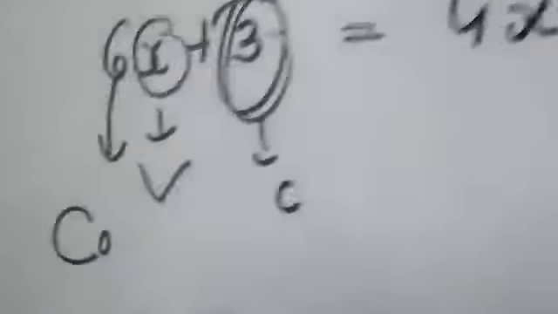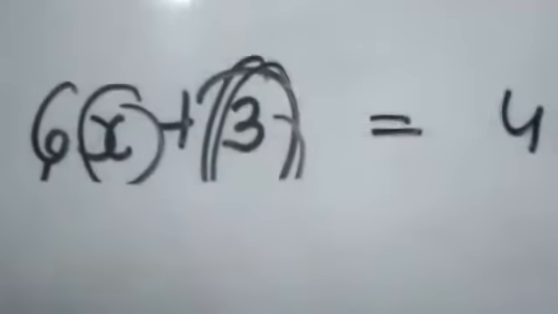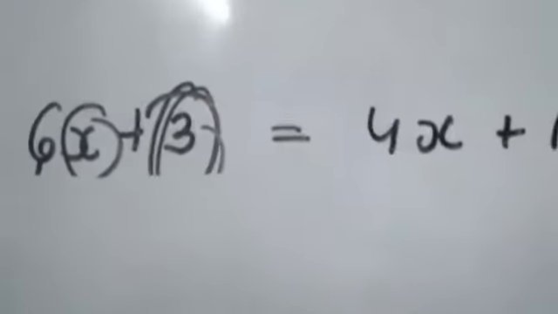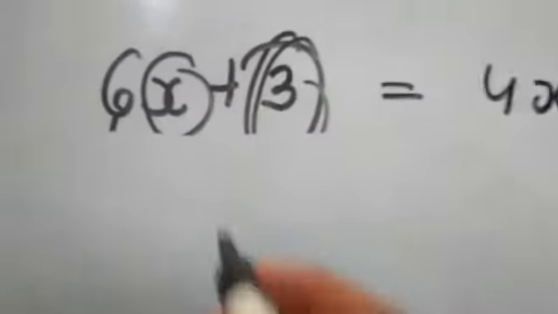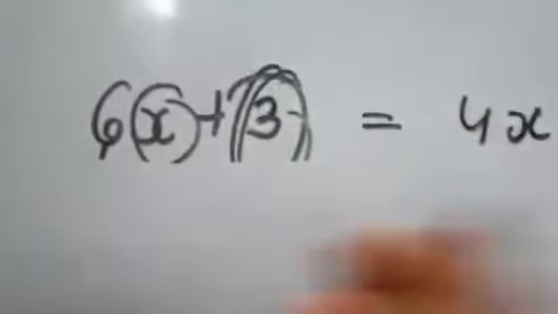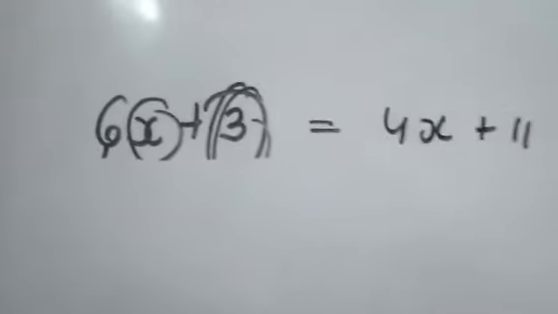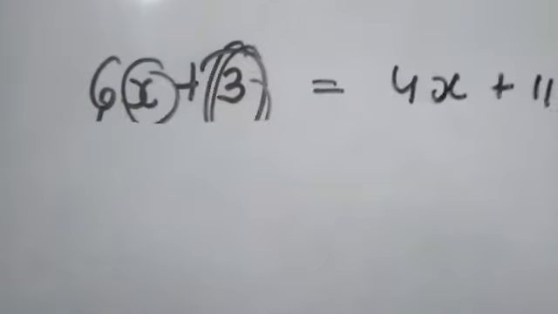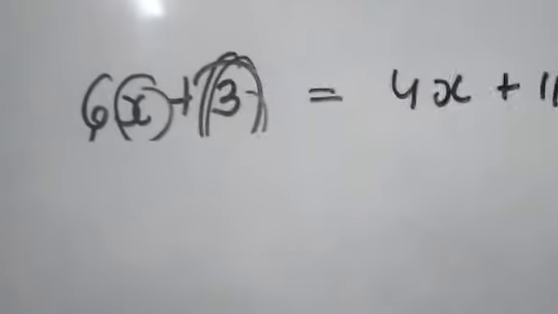Okay, so how to solve this? 6x plus 3 is equal to 4x plus 11. Here we have to transpose the numbers or variables which are like terms to the other side.